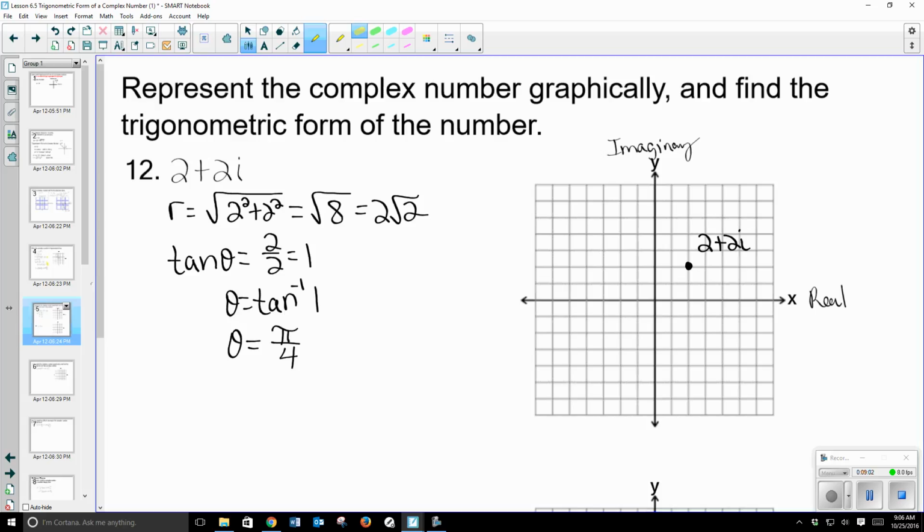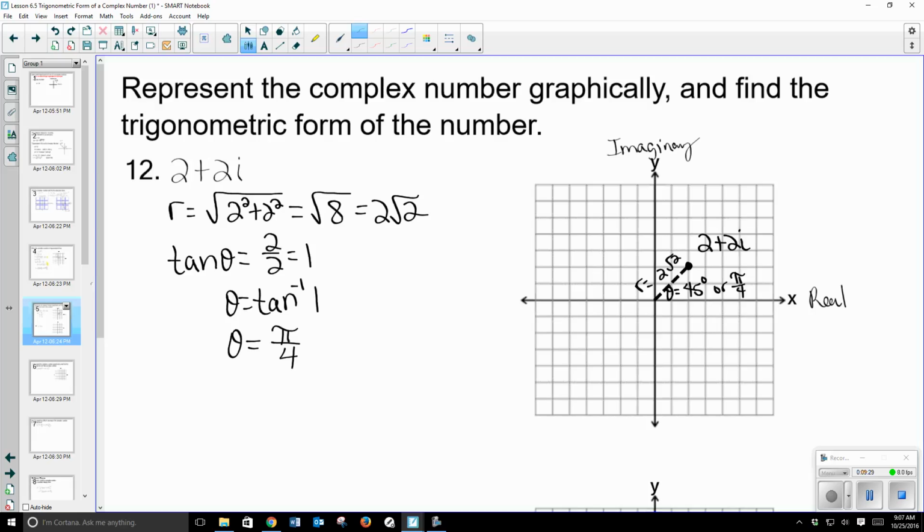If you look at your graph, you can tell that this would be 45 degrees, or pi over 4 for the angle. And the radius would be 2 root 2.